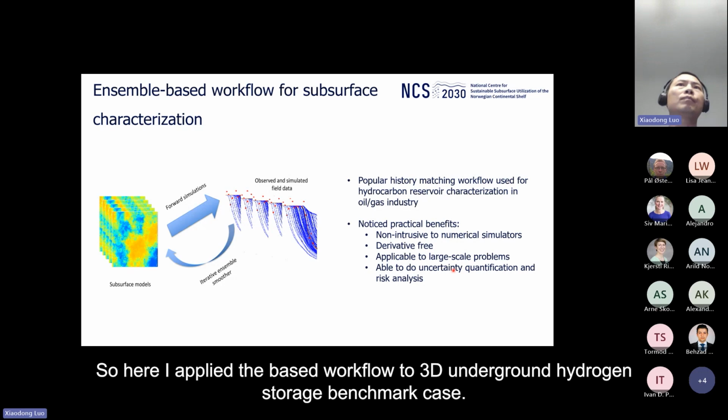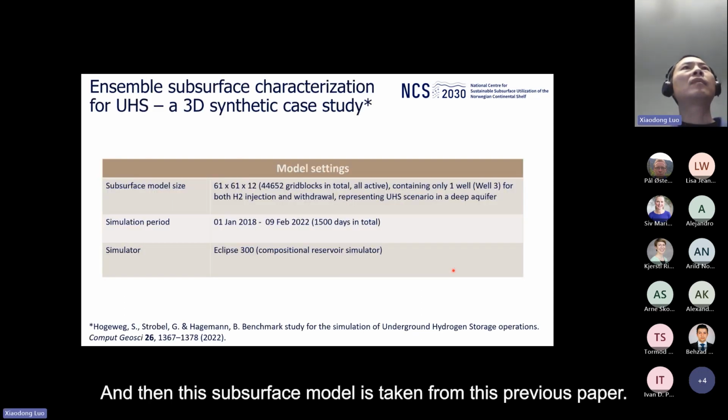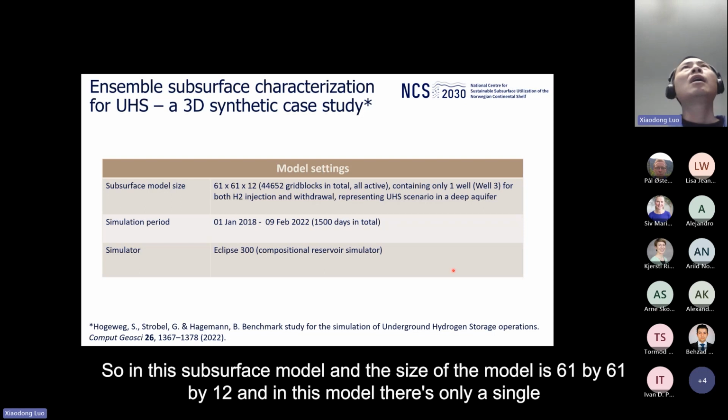Here I apply the ensemble-based workflow to a 3D underground hydrogen storage benchmark case. The subsurface model is taken from a previous paper. The size of the model is 61 by 61 by 12.